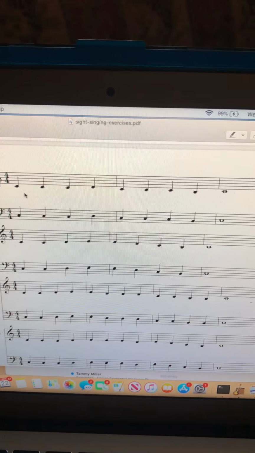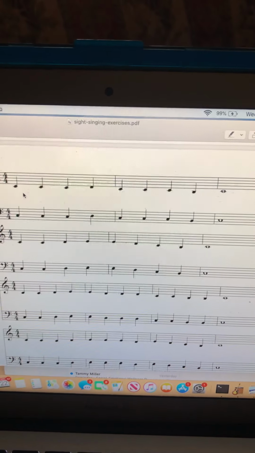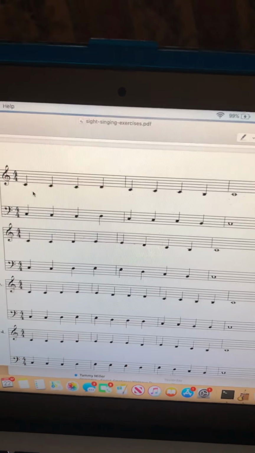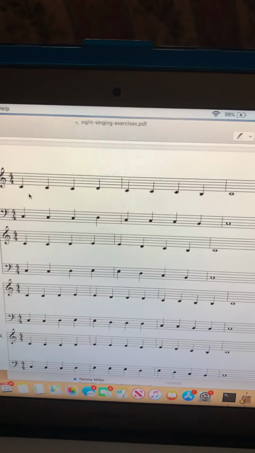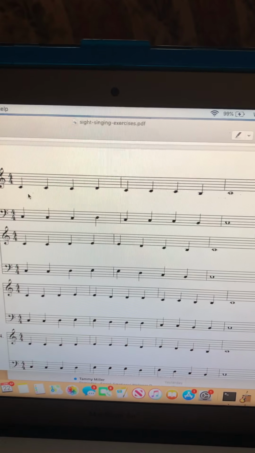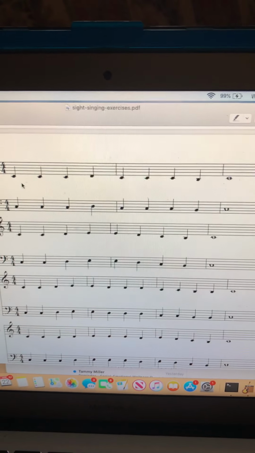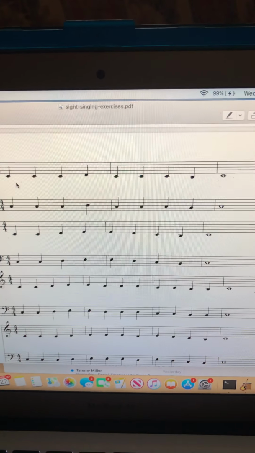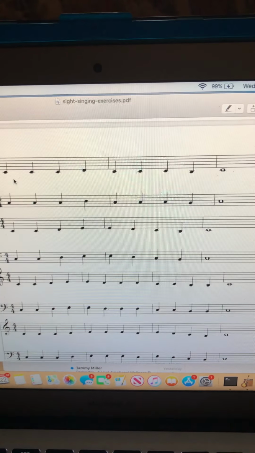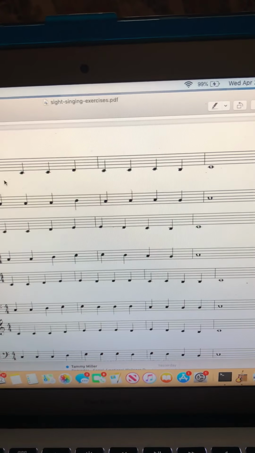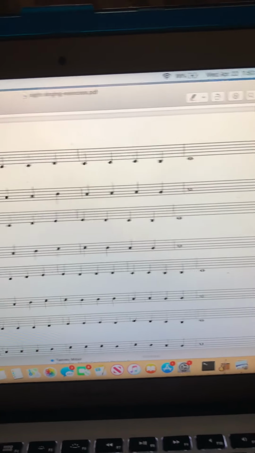You can sing them using numbers, or just on la or any syllable. You count it off 1, 2, 3, 4.